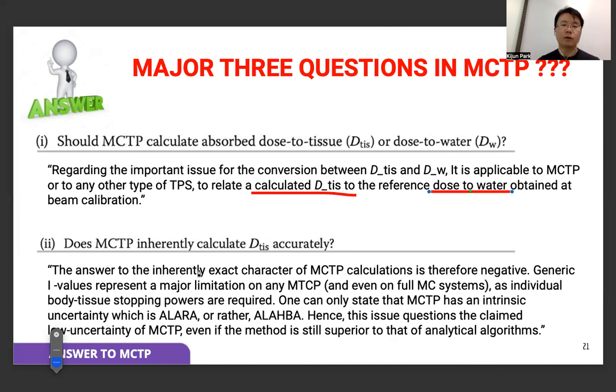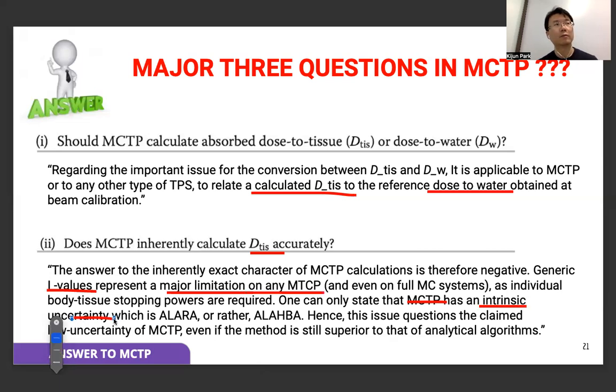And the second question is how accurate the tissue dose is. As I mentioned earlier, there are generic ion pair energy values presented by two different reports. It already gives us 15% uncertainty, and this is the major limitation of MCTP, and even of full Monte Carlo simulation. Individual body tissue stopping powers are required, and the MCTP should take into account this intrinsic uncertainty.